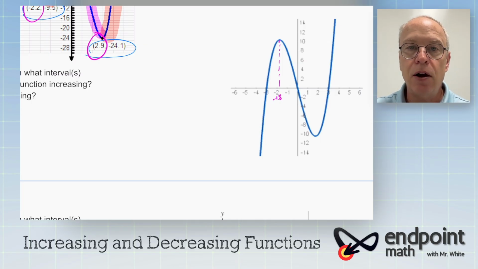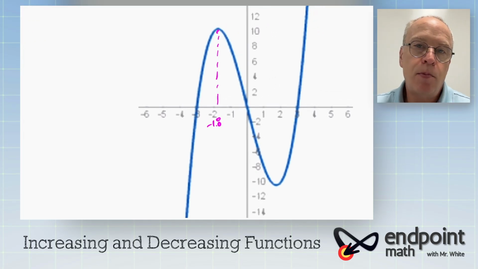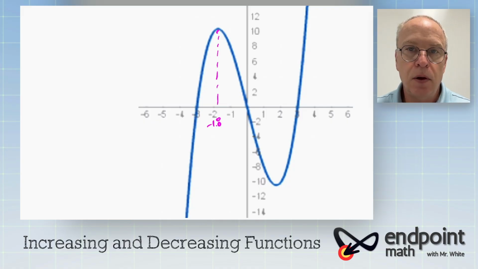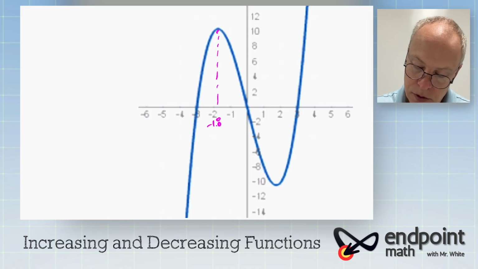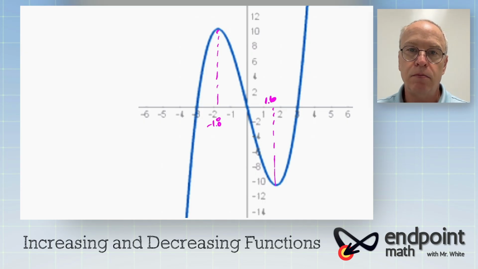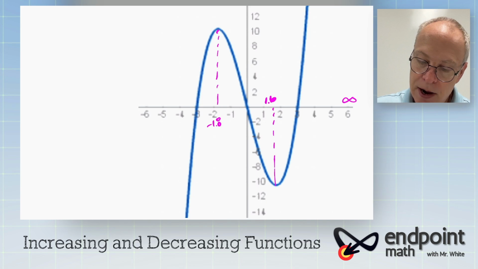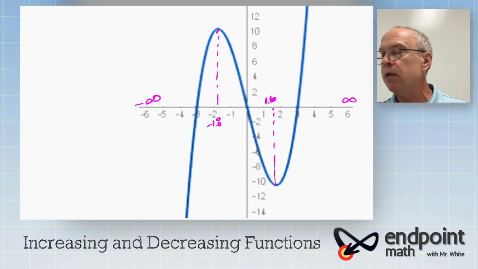Okay, I don't even care about how high it went. We're not reporting any y values on this. When we say when is it increasing and decreasing, don't worry about the y values. I'm going to go all the way down here. This is at about 1.6 or so. And then this is going forever this way, and it's coming forever from this way.